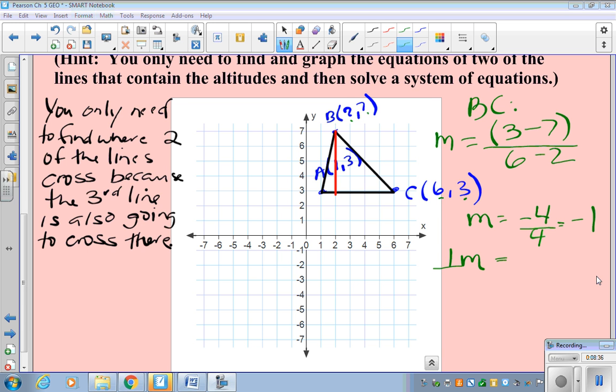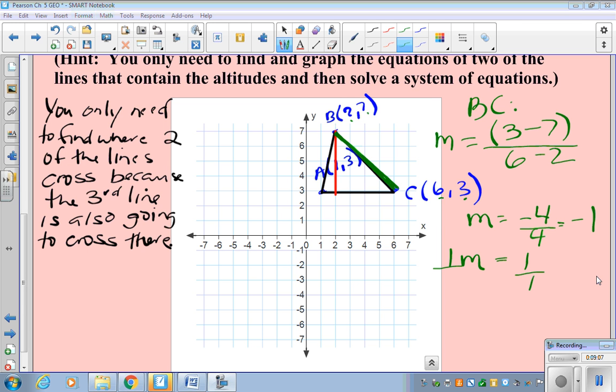So the opposite of negative is positive, so our perpendicular slope is going to be positive, and 1 over 1 is 1. So my slope is going to be 1, and just for fun, we'll put it over 1. Here's the side that I found the slope of.